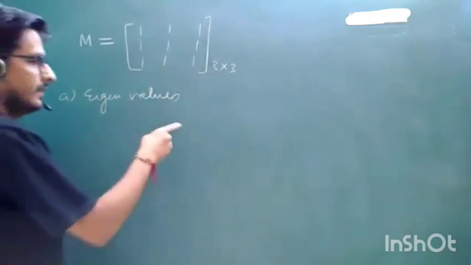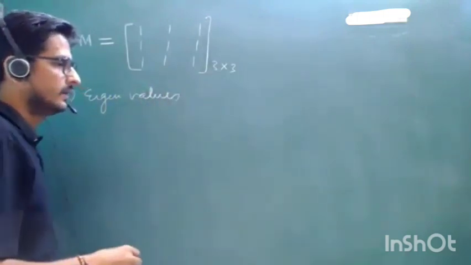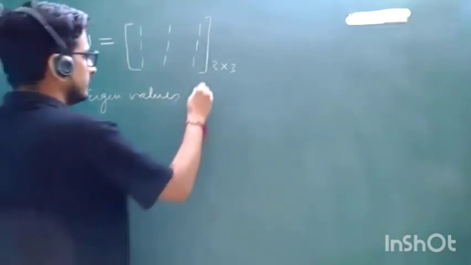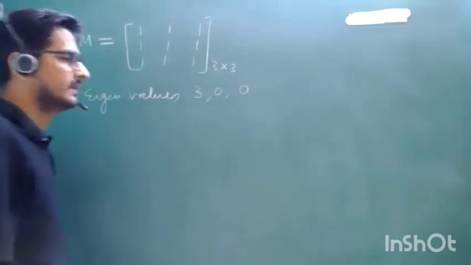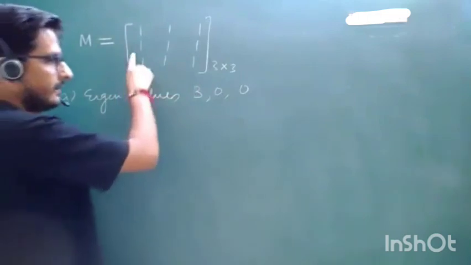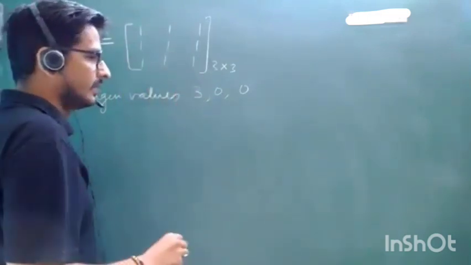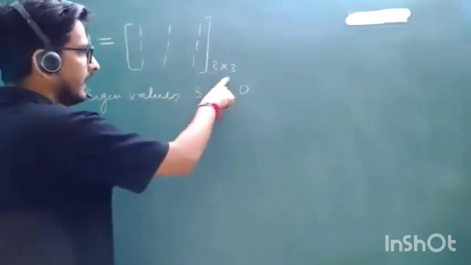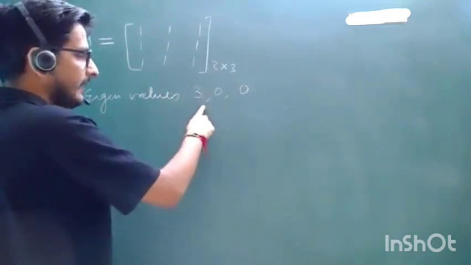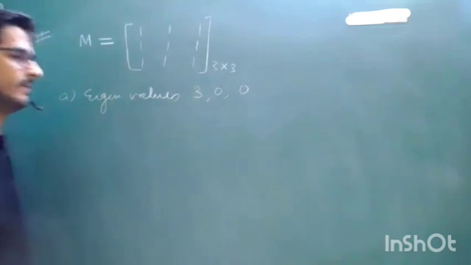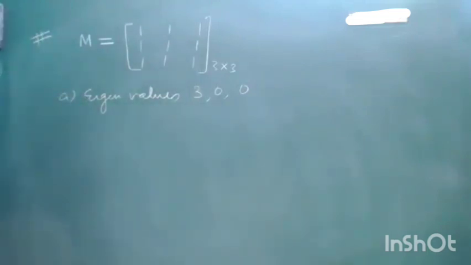So eigenvalues you calculate quickly, you will get 3 0 0. Please see this. If you have a matrix with all elements equal to 1, so it is an n cross n matrix. So the eigenvalue is given by n and all other eigenvalues will be 0. This is a property that you can use.